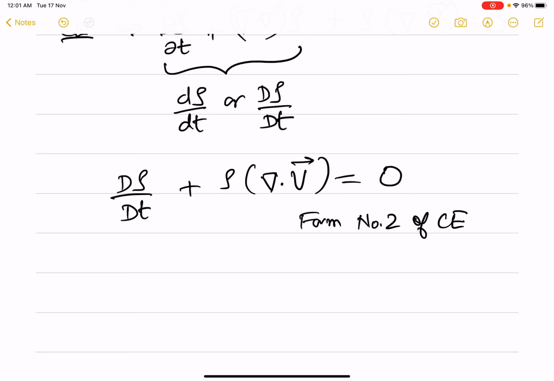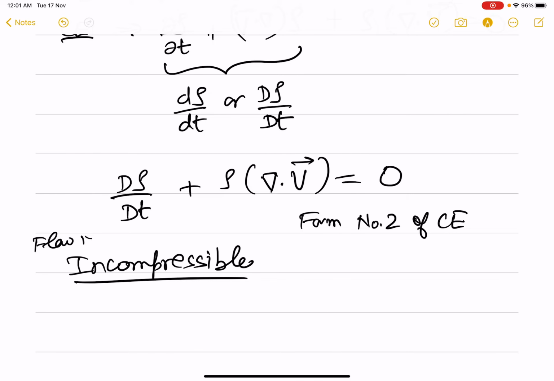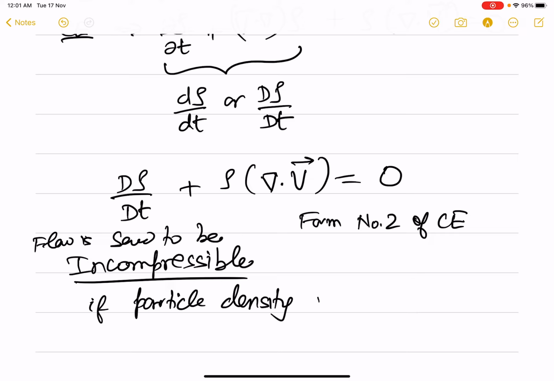Now let us look at a type of flow which we will look at in this course. In most of the course, we will assume the flow to be incompressible. So flow is said to be incompressible if particle density in the flow is constant.